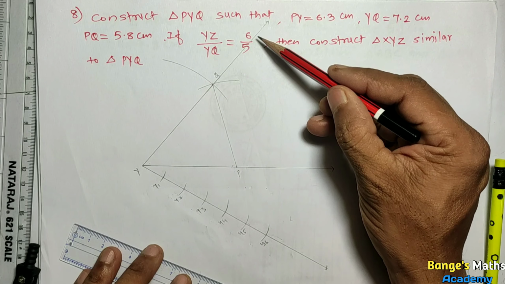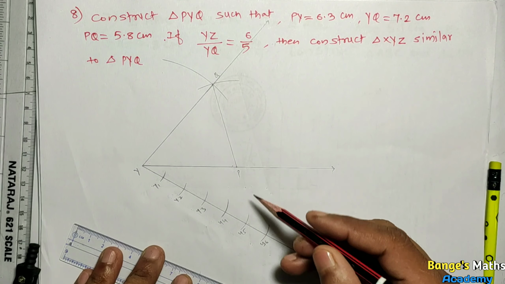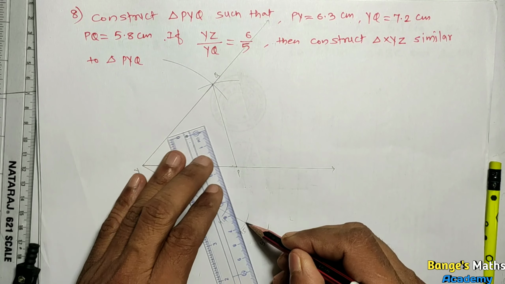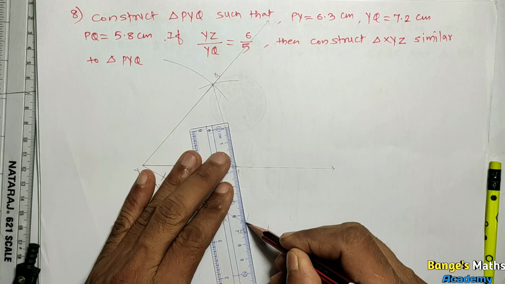YZ upon YQ is equal to 6 upon 5. So Y5 and P join this.